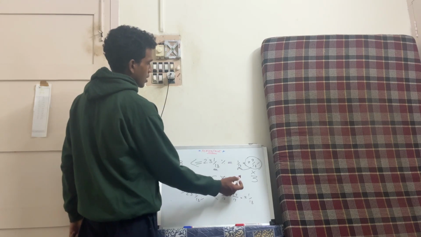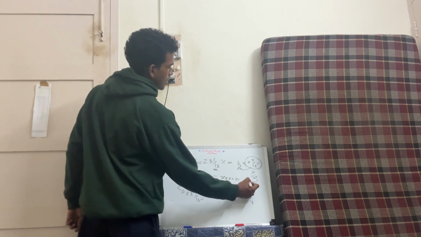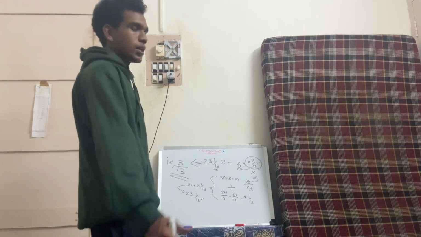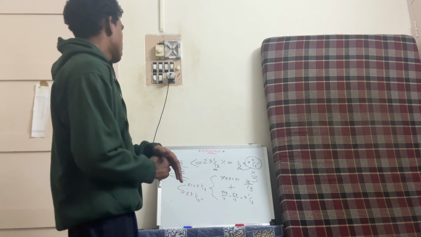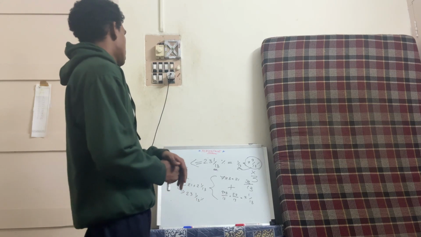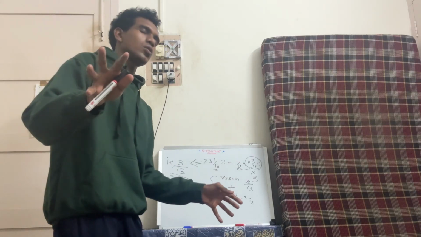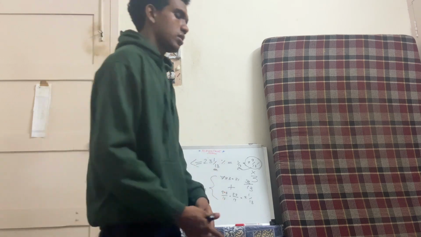That means 1 by 13, that means 3 by 13. Okay? You understand? The next thing we need to find: now we only need to find 3 by 13 percentage over 78.